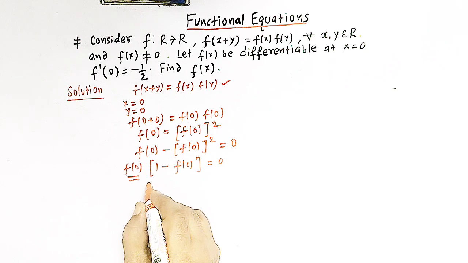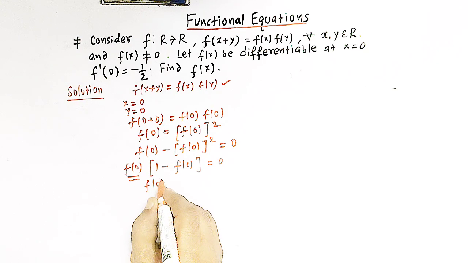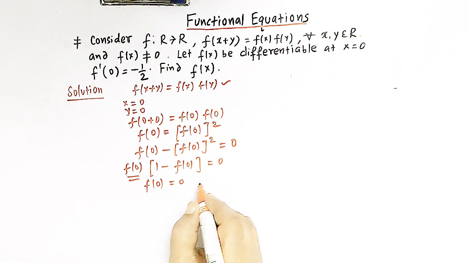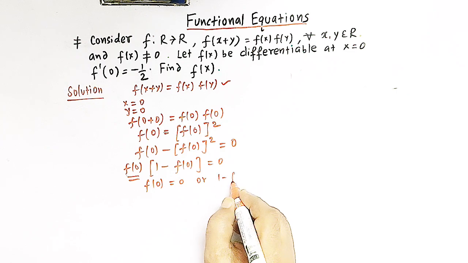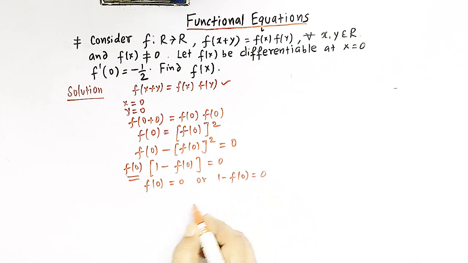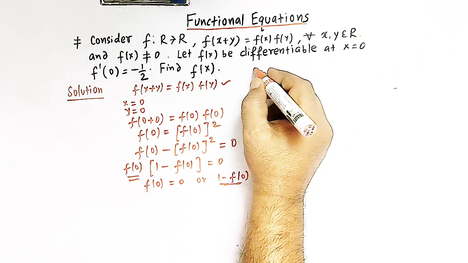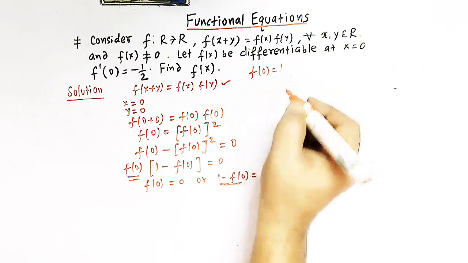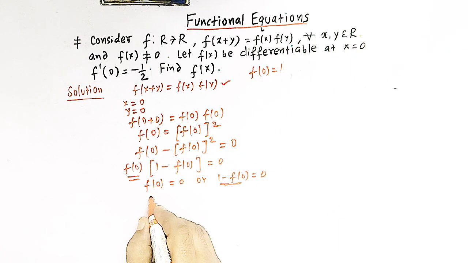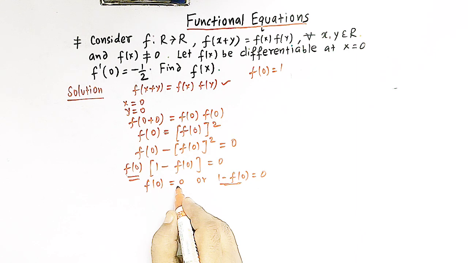From here we can conclude that either f of 0 is equal to 0 or 1 minus f of 0 is equal to 0. So we get f of 0 is equal to 1, or f of 0 is equal to 0.